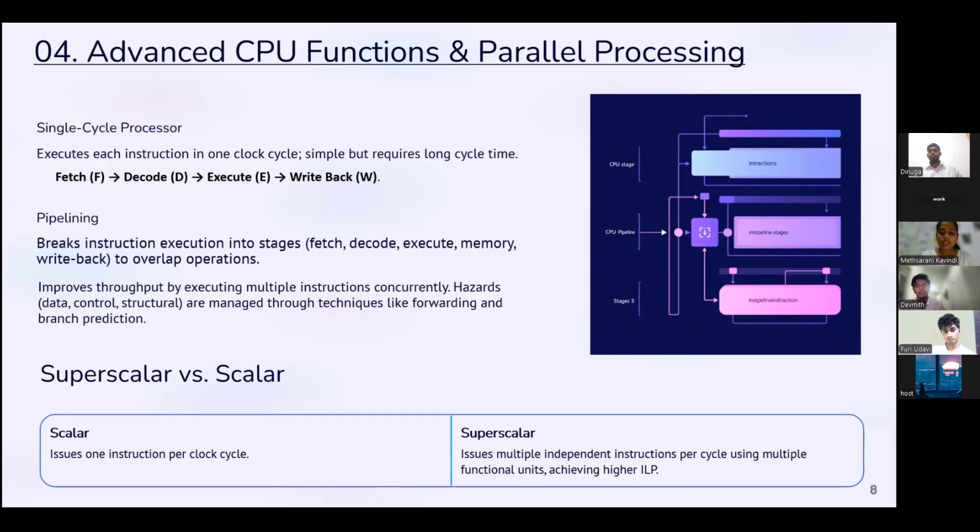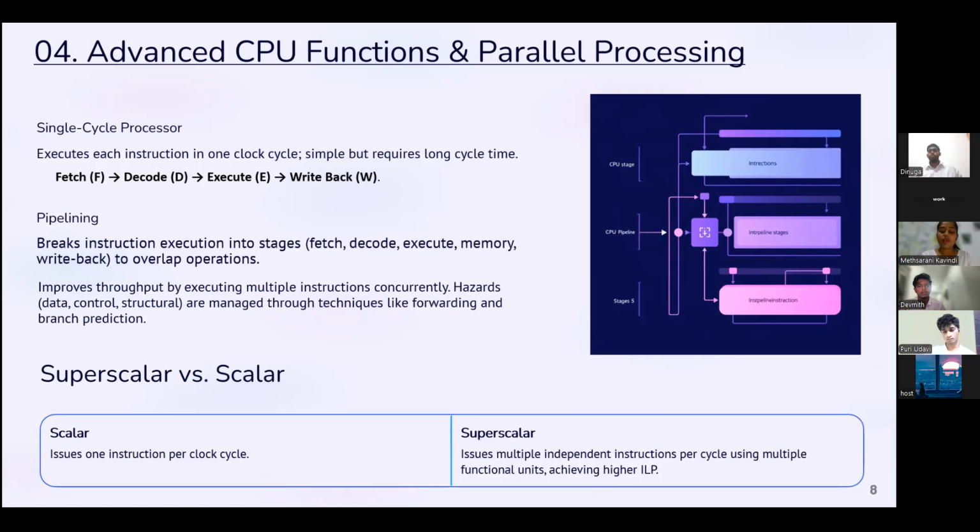Many instructions can be in different stages at the same time. This makes the CPU faster. The third one is the superscalar processor. This type can run more than one instruction in one clock cycle. It uses many functional units in parallel, so it gives higher performance than a normal processor.